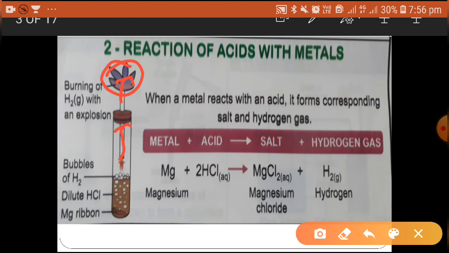This explosion shows that the released gas is hydrogen, because every gas is not flammable, only hydrogen gas is. If it was another gas, it would not catch fire easily, but it is catching fire, which means that the released gas is hydrogen. Hydrogen gas is released, that's why a small g is written here. Magnesium metal has displaced the hydrogen from the acid.